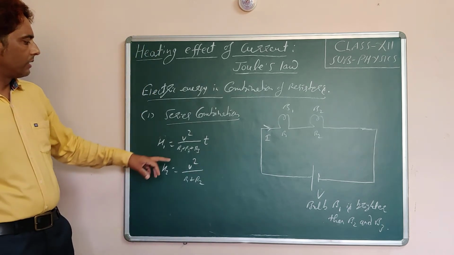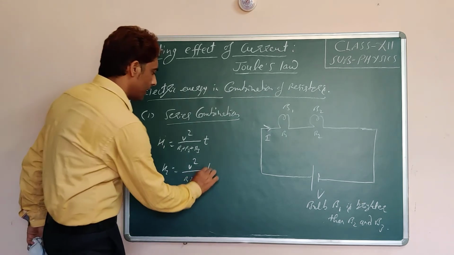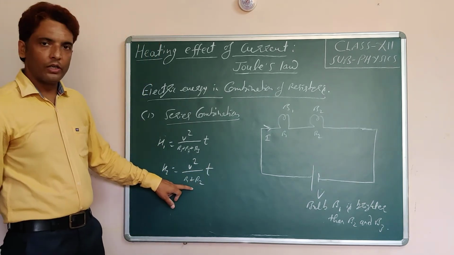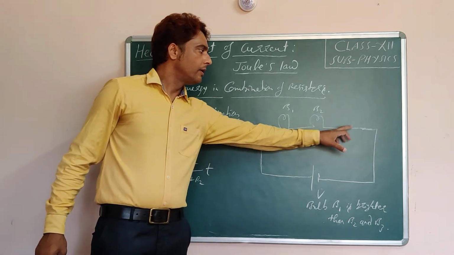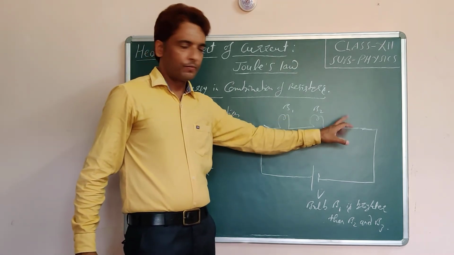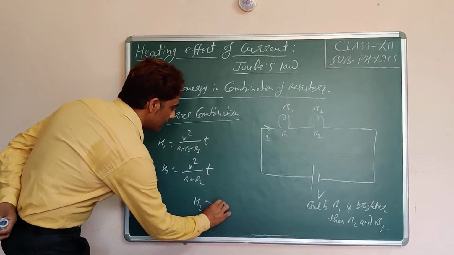So you can see that the numerator is the same, but in the denominator the value is less as compared to this. It means the net resistance decreases when we remove this bulb. So this heat H2 is greater than H1.